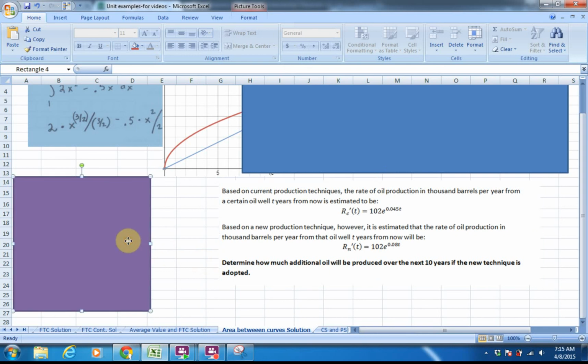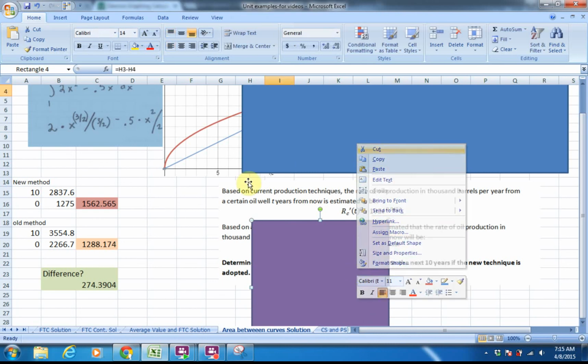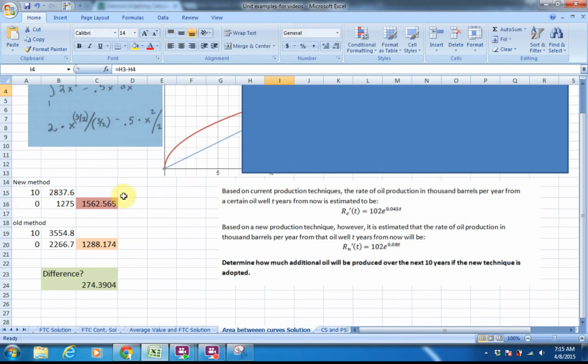What we want to do now is take this information and look at it in a couple of ways. So what I did here was I broke it up into two different integrals for you.